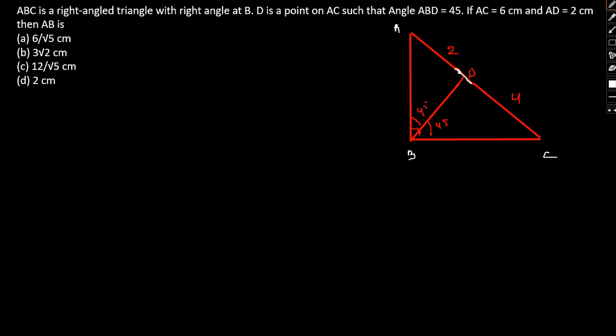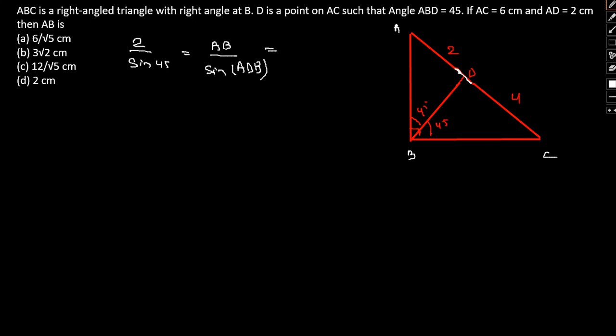Now if we take a look at triangle ABD, we have 2 by sine 45 equal to AB by sine ADB. So 2 by sine 45 equals AB by sine of angle ADB.